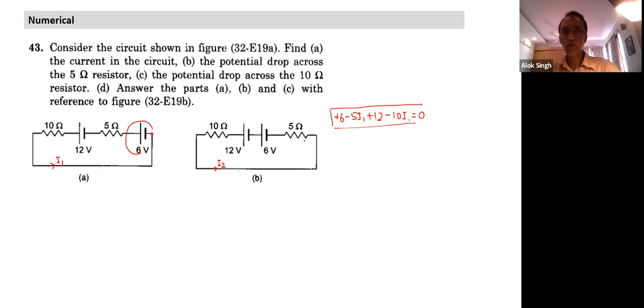The order of terms will change. In this case, I'll write minus 5I2 plus 6 plus 12 minus 10I2. Are these two equations different? Both are same. So if I interchange position of battery and resistance, does the current in a single loop change? In the single loop, current does not change.